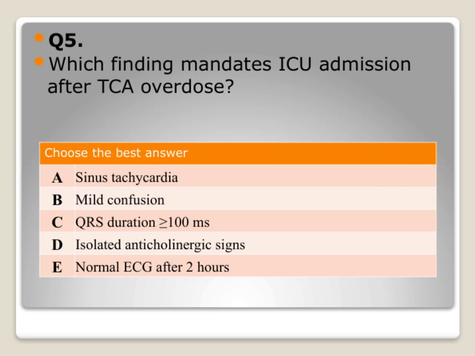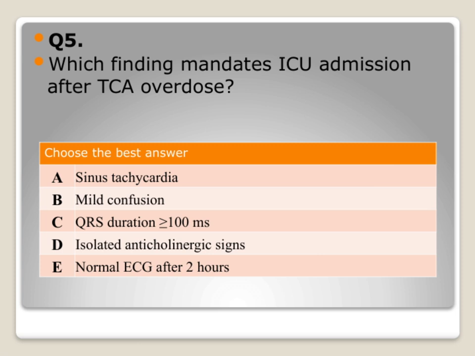Now, let's look at this question about what finding would require ICU admission after a TCA overdose. The options are sinus tachycardia, mild confusion, a QRS duration of 100 milliseconds or more, isolated anticholinergic signs, or a normal ECG after 2 hours.